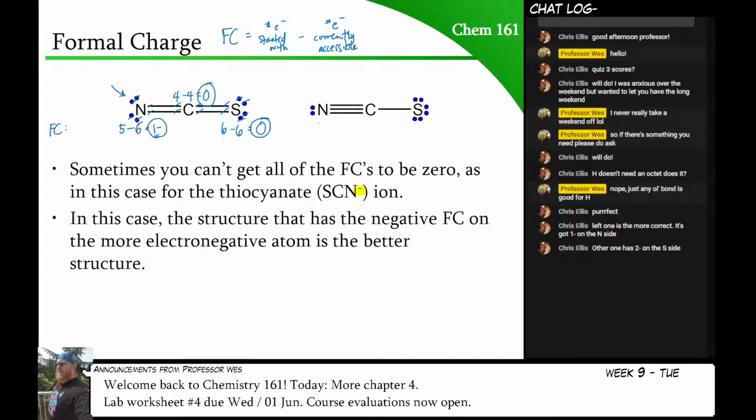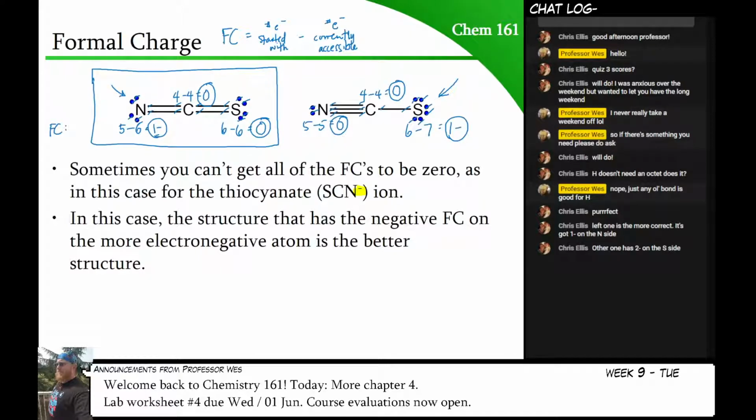Let's look at the other molecules. So here I got nitrogen starts with 5, ends with 1, 2, 3, 4, 5. Okay. Carbon is still 4 minus 4. And then sulfur starts with 6, ends with 7. So now my minus is on the sulfur side. Which is more appropriate? The answer is that the first is the best structure.